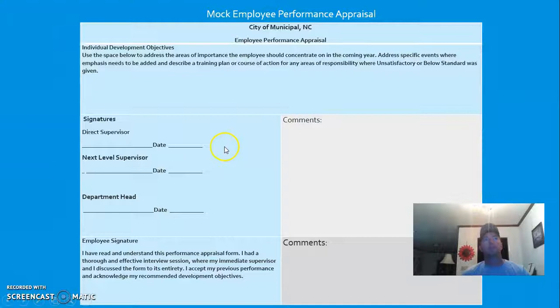So this is the last page of the employee performance appraisal. This is where the individual development objectives are placed, as well as the signature that states that the appraisal was complete. So wrapping up this written appraisal, the final page houses development objectives specific to the employee's observed performance.